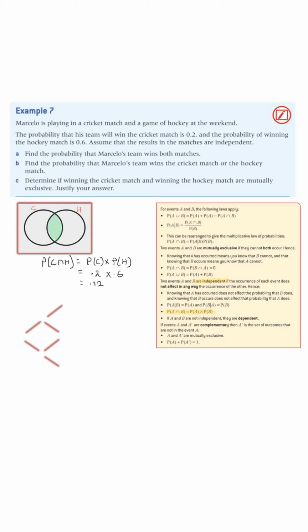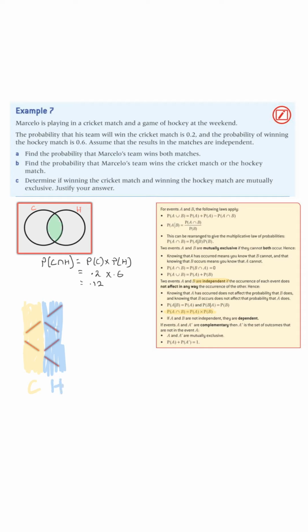Now let's say that this region here is the first game on the weekend, which in our case is the cricket match. And this region here is the hockey match.